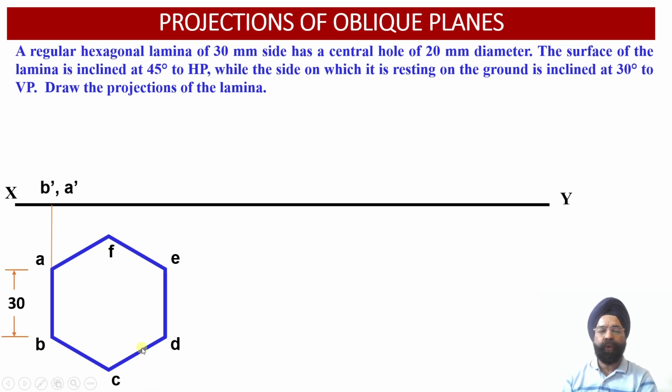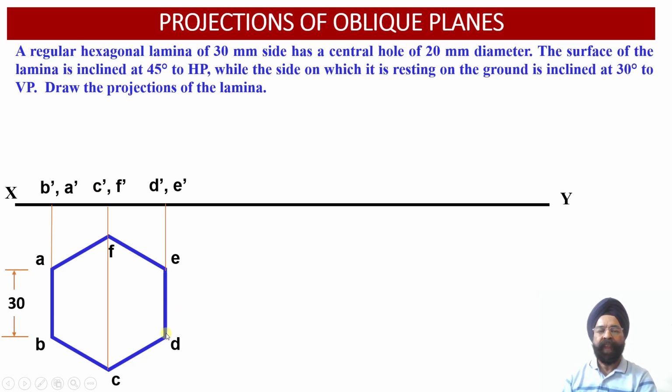Now when we look at this particular hexagonal lamina from the front side, since this lamina lies on the horizontal plane, the front view projections will be available on the XY reference line. So the points B and A will be projected as B dash and A dash on the XY reference line. Similarly, points C and F will be projected on the XY reference line as C dash and F dash.